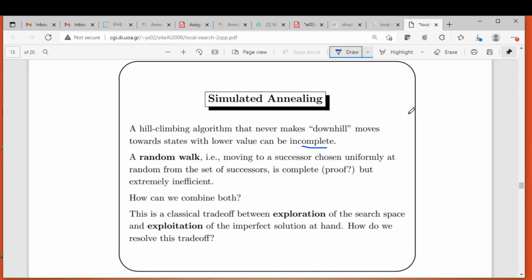So assume this is the problem space. Already the algorithm is here, this is the current state. Now if you want to go to the global maxima, then it has to do a downhill move. It has to accept some downhill move, then only it can go uphill.